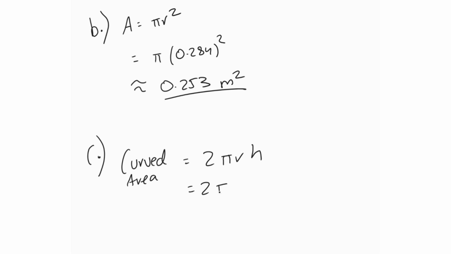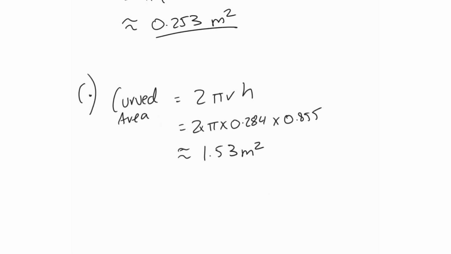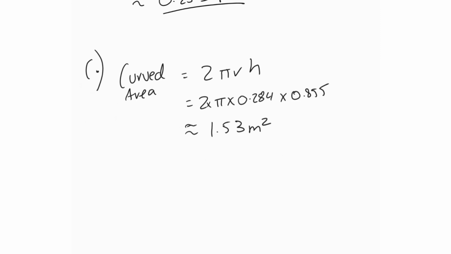So in this case it would be 2 into pi into r, which is 0.284, and your height, which is 0.855, which would give you approximately 1.526 meters squared.